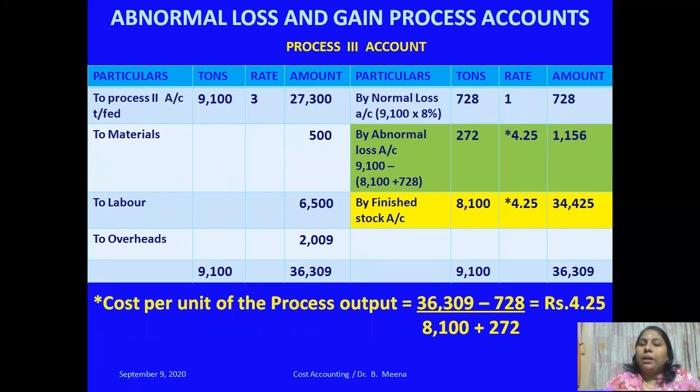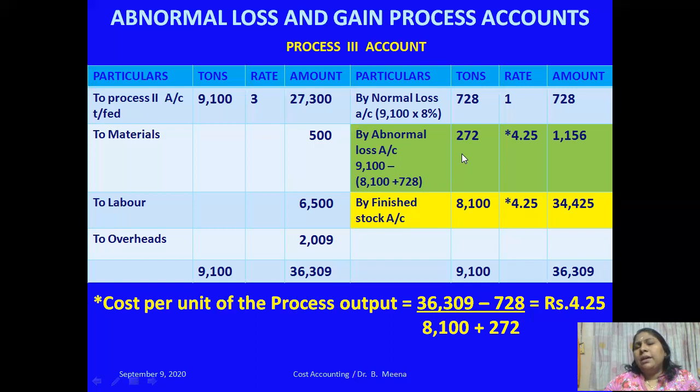Now our calculation to be whether we are having abnormal loss or abnormal gain. How to calculate? What is my input? 9,100. Out of 9,100, our output is 8,100 plus our wastage, that is normal loss, is 728. So 9,100 minus the summation of 8,100 plus 728. What is that?